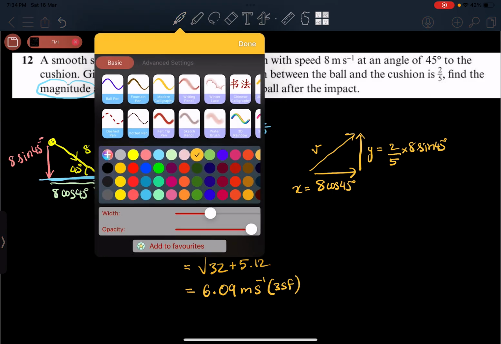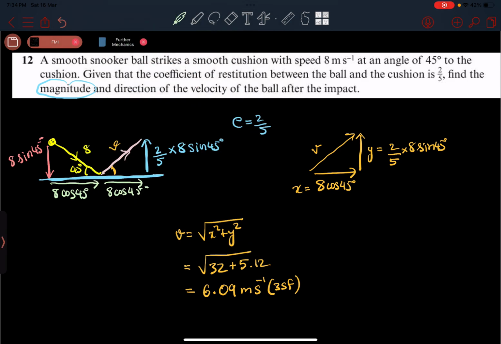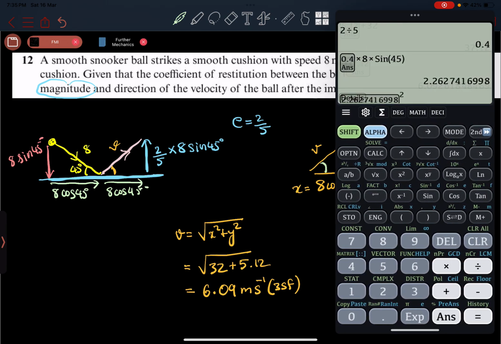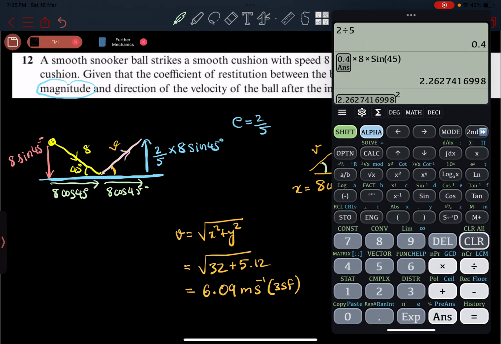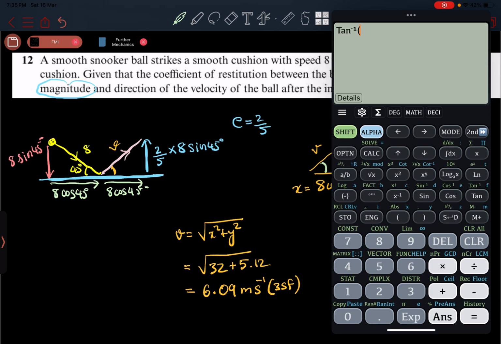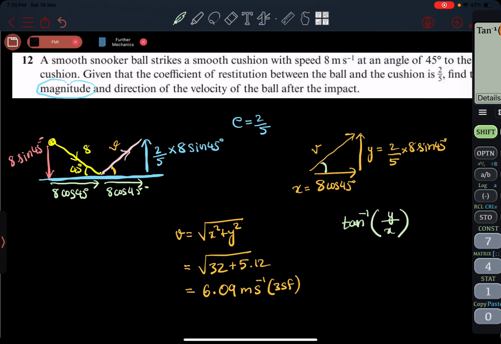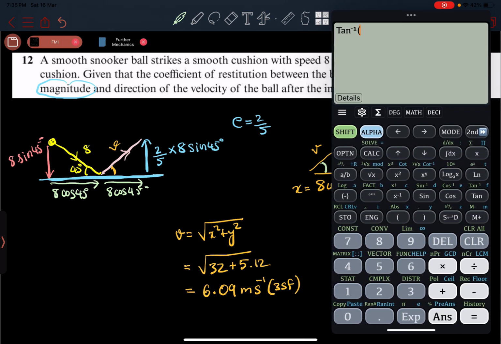Now, what we haven't done so far is find the angle, and it's pretty straightforward. All we have to do is go tan inverse of y over x. So shift, tan inverse, my y part is 16 sine 45 divided by 5. I might have to use double brackets.